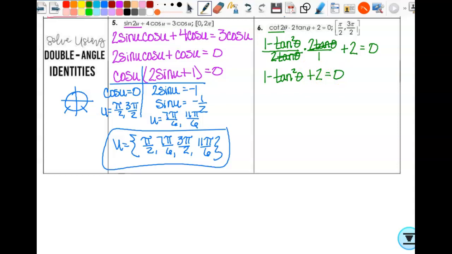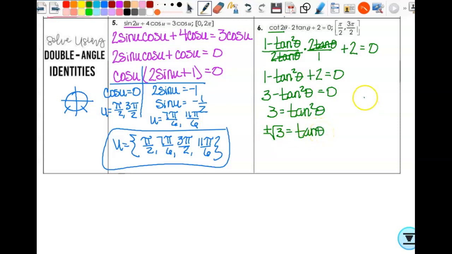So 1 minus tangent squared plus 2 is going to give me 3 minus tangent squared equals 0, because that negative does not get distributed there. So that means that 3 equals tangent squared theta. So when I take the square root of both sides, I get plus or minus the square root of 3 equals tangent theta.